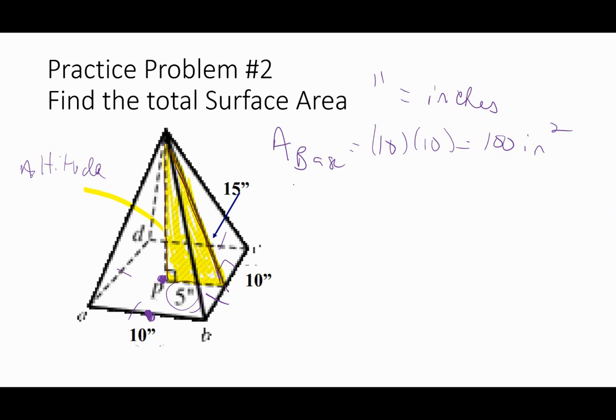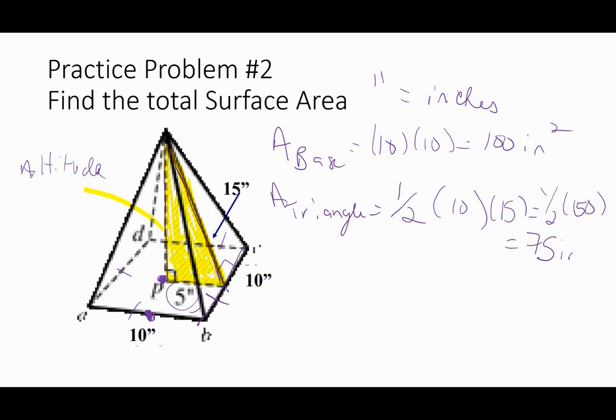The area of each of our triangle sides is 1/2 times 10, that's our base, times our slant height, which is 15, which gives us 1/2 of 150, which gives us 75 inches squared. We have 4 of them, so 4 times 75 gives us 300 inches squared for all faces.